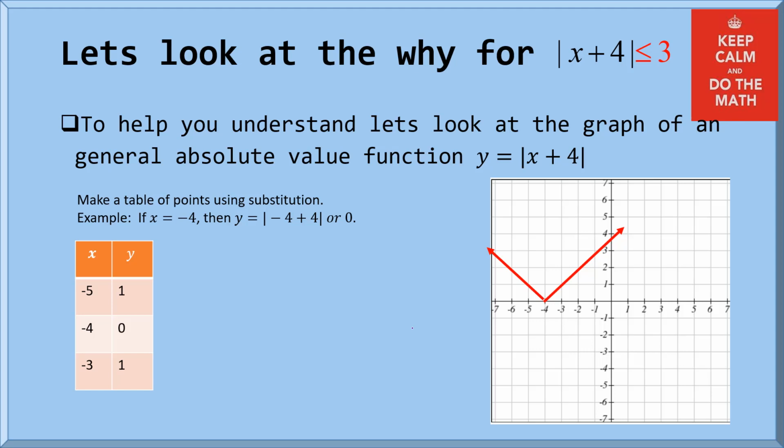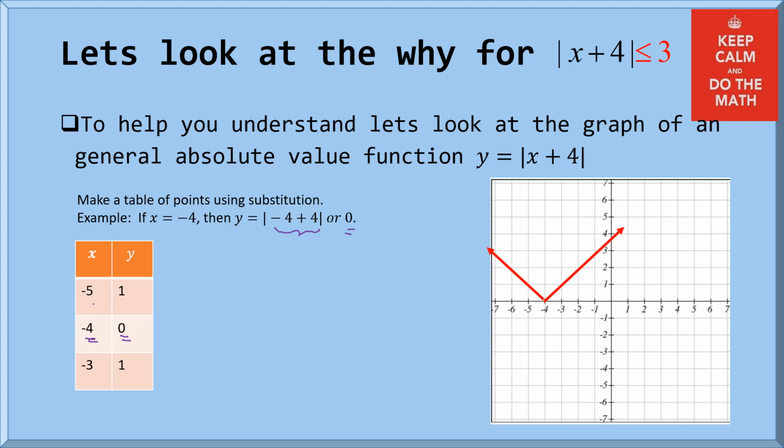So I went over here and made a table, and I started with what would make the absolute value in the middle become 0, because then that would give me y is equal to 0. Well, I happen to know that negative 4 plus 4 is 0, so if my x was negative 4, my y would be 0.